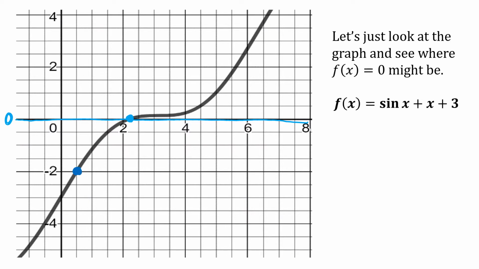So we have about here and about here, and it seems like when f of x is between 1 and negative 2, we can look at our function and find some sort of input anywhere on this function that will give us that output.